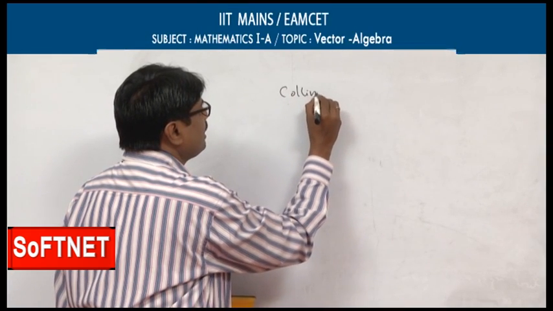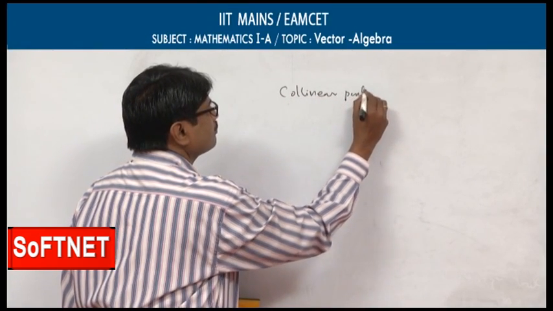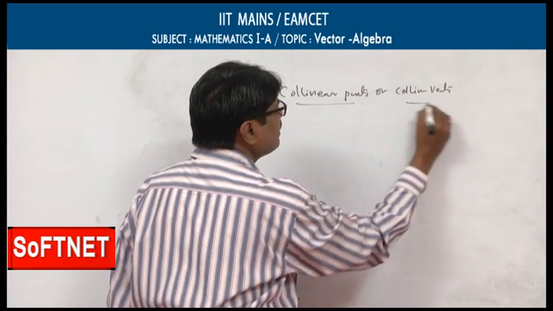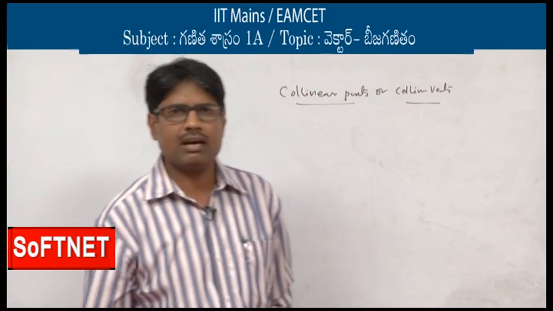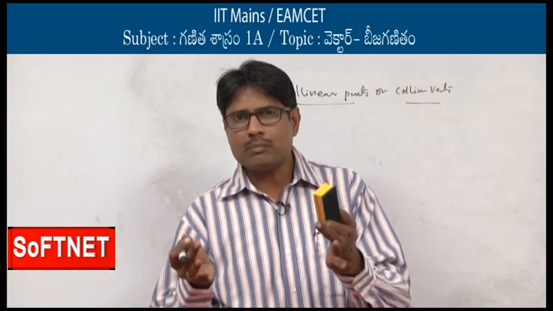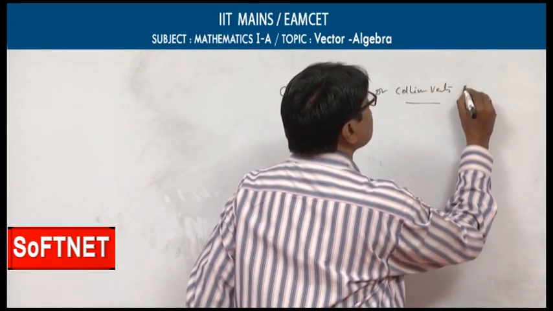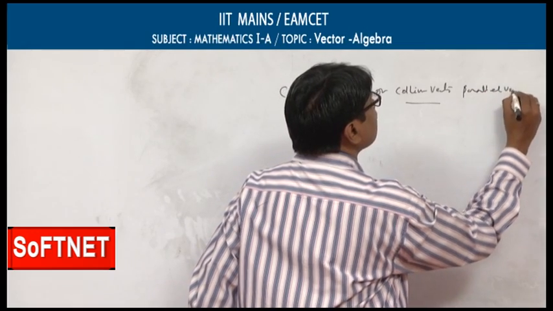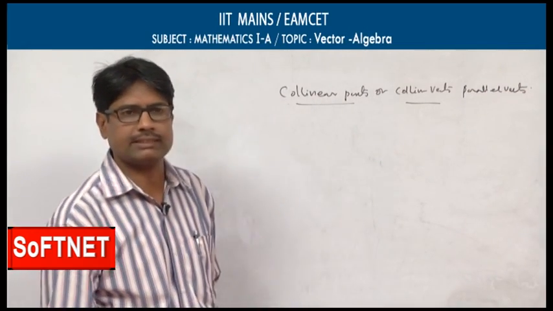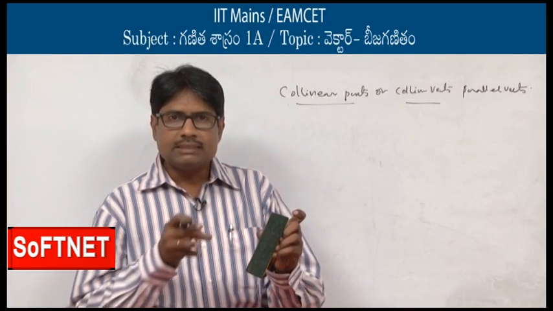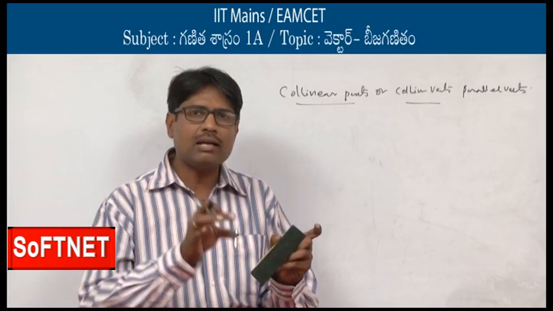Collinear points and collinear vectors. Vectors are said to be collinear vectors if they have the same line of action or parallel lines of action. Collinear vectors are parallel vectors; both of them are the same.